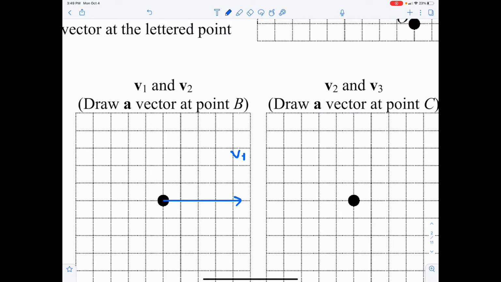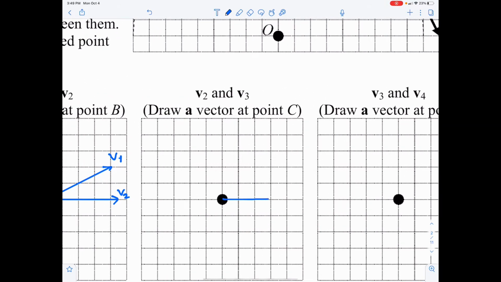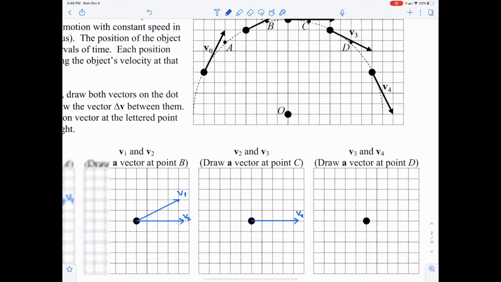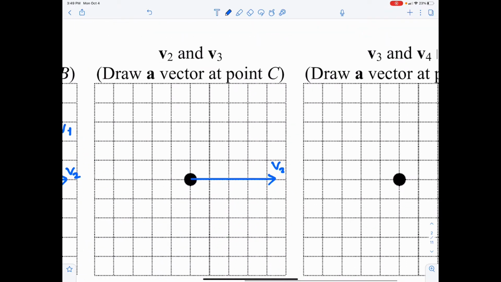Okay, so V2 again is going a little more than 4 units over to the right. And V3 is going 4 units over, 2 units down. Just like that.